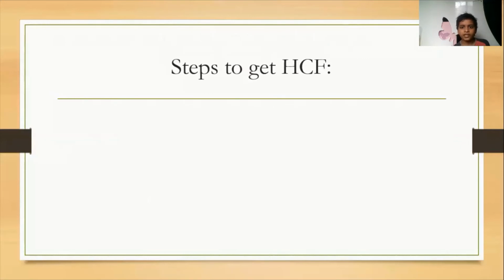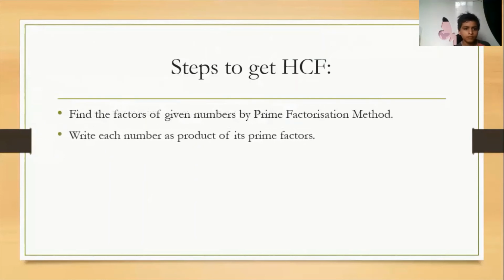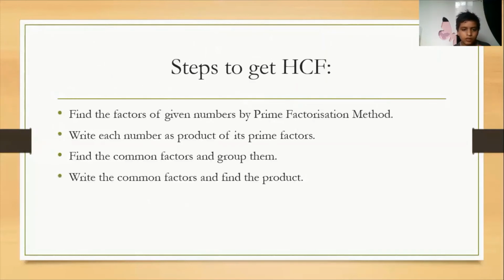Steps to get HCF. Find the factors of the given numbers by the prime factorization method. Write each number as a product of its prime factors. Find the common factors and group them.